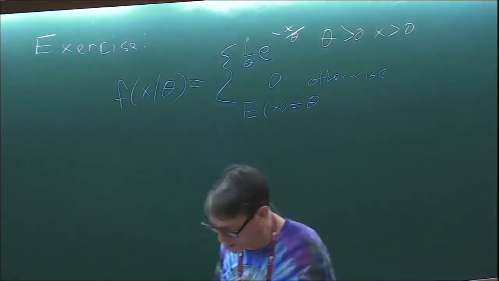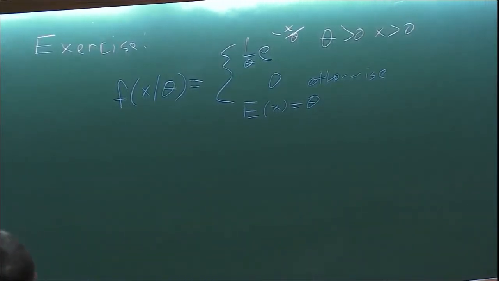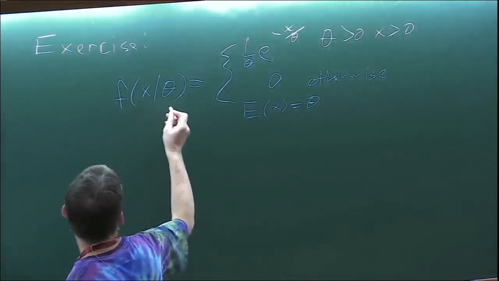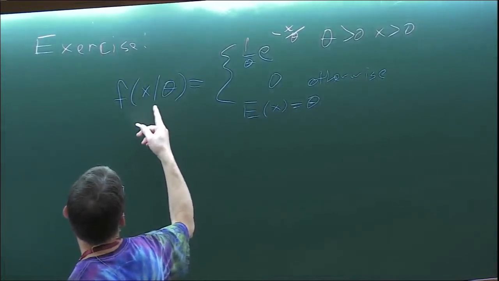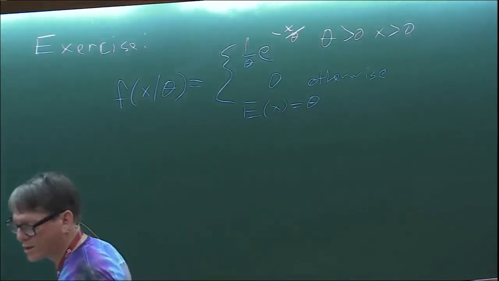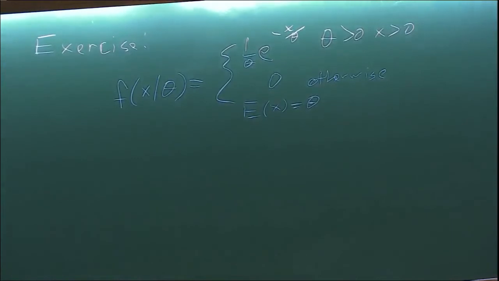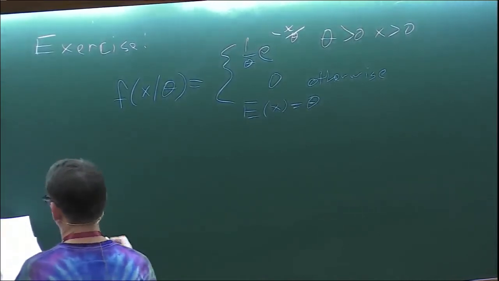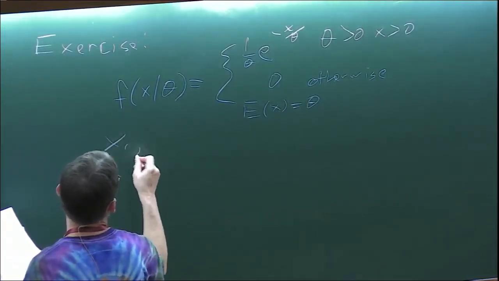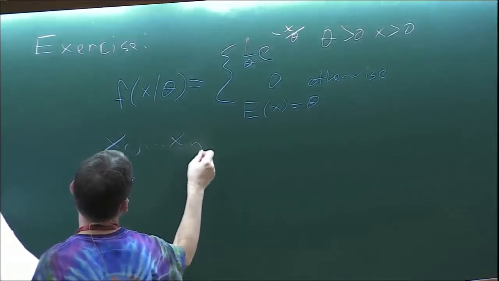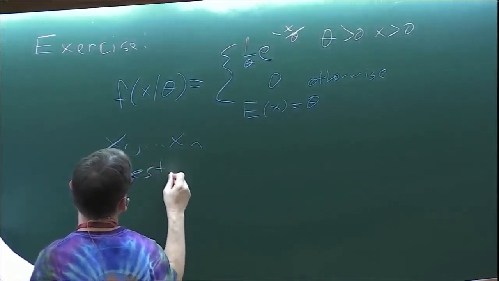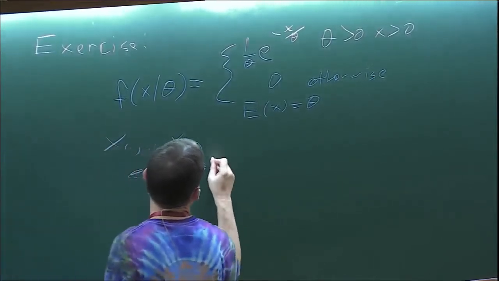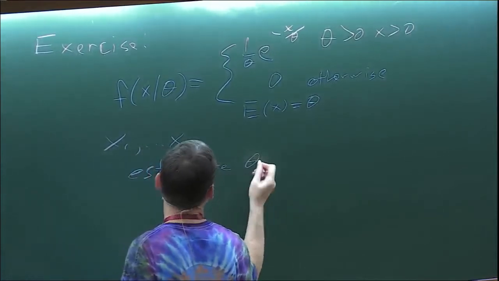The x's that you're measuring are the failure times of each individual component. n components were tested independently to observe x1 to xn, and your problem is to estimate θ.